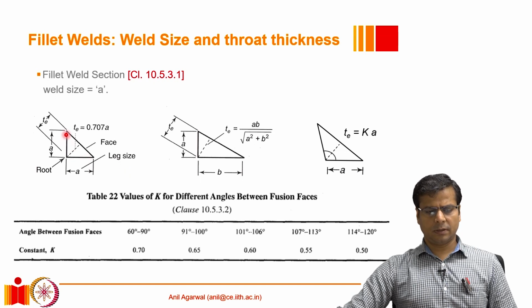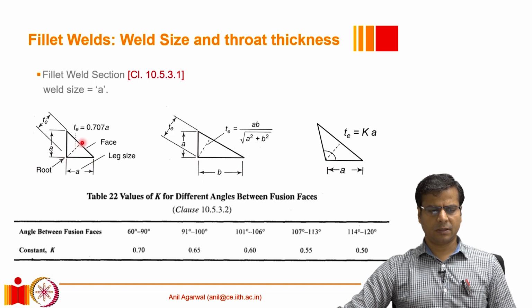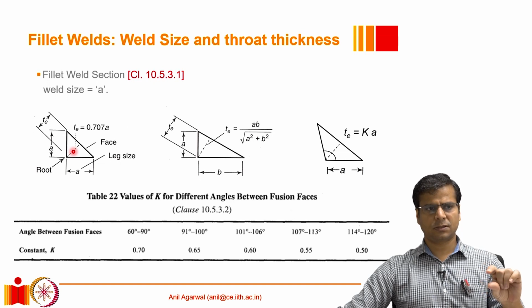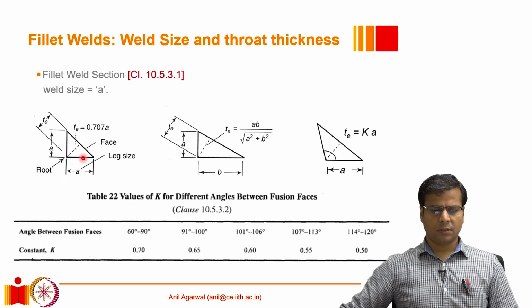When it comes to the dimensions of fillet welds, there is one specific dimension of a weld that becomes very critical when it comes to the strength of a fillet weld. So unlike a groove weld where it takes the geometry or the shape of the parent material itself, a fillet weld has a triangular shape.